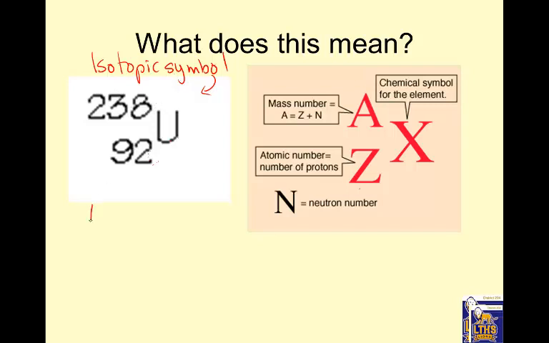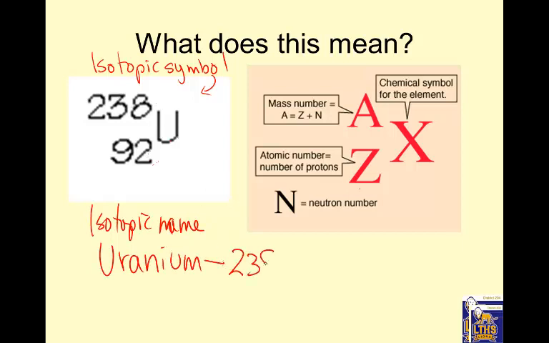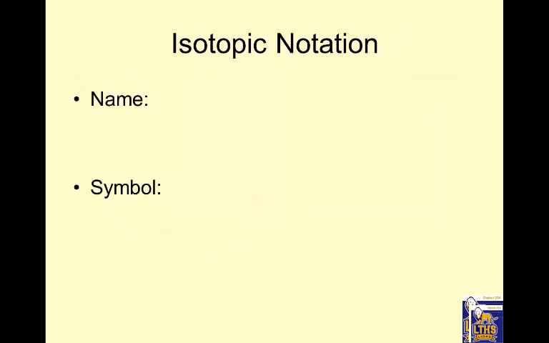So that's isotopic symbol. Isotopic name, or the name of the isotope, would be uranium. Name of the element, uranium, and then a dash, and then the mass number identifies it. This is uranium-238. This is the name. That's the symbol. Okay, so an isotopic name is element dash mass number.